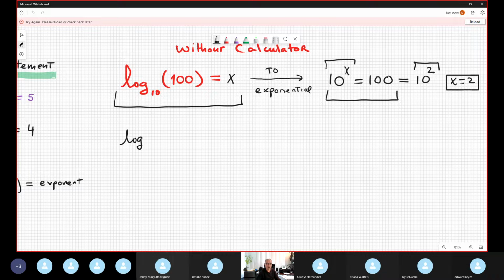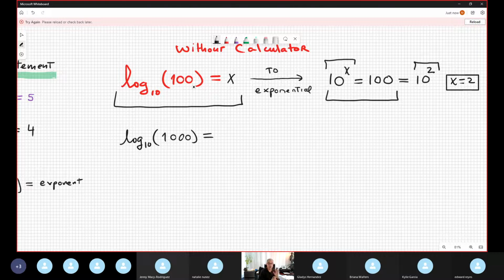Now, what about logarithm base 10 of 1,000? Using this rule, using this idea, what do you think? Nobody?